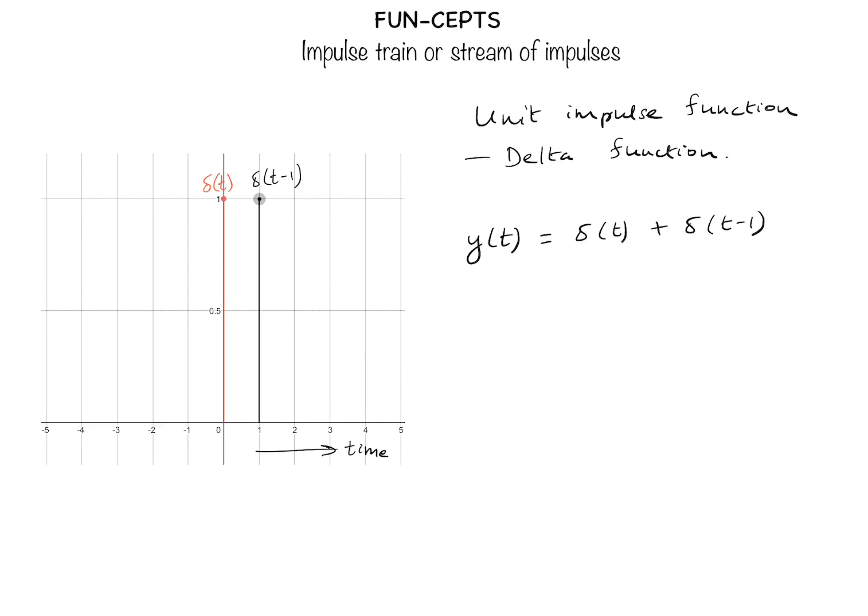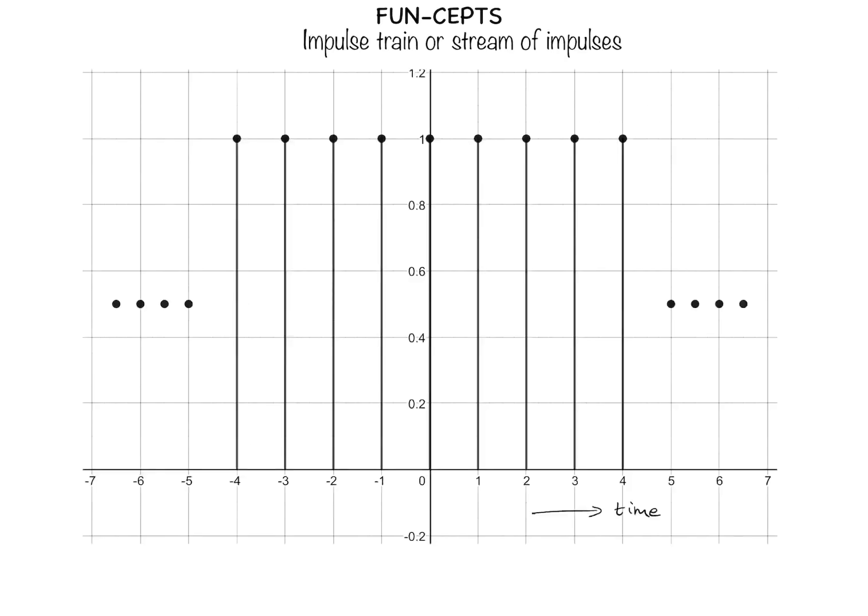Now in many cases, we can also have situations where we have a stream of impulse functions which are shifted versions of the impulse function. What we see here in this figure is that we have an impulse function at time t equal to 0 with an amplitude of 1, and there's also an impulse function at time t equal to 1 which has an amplitude of 1.